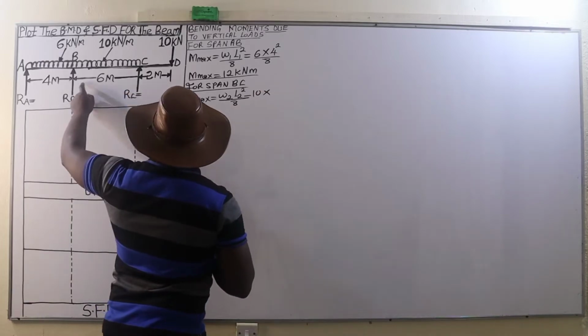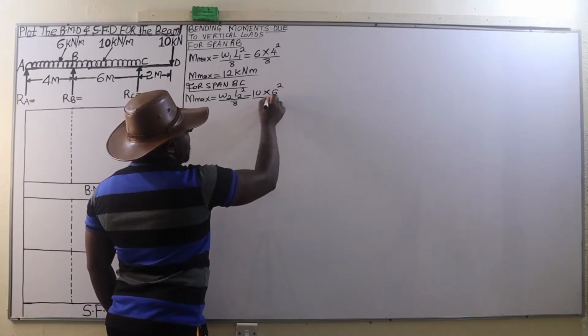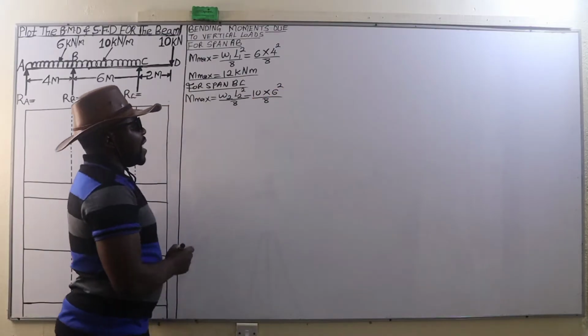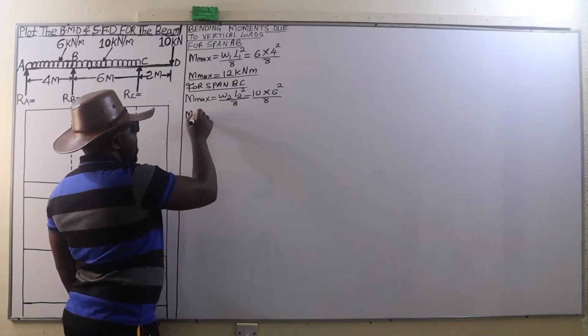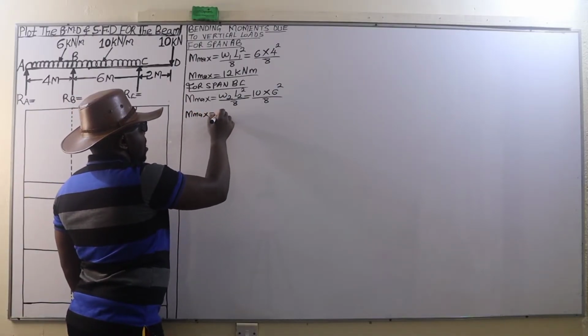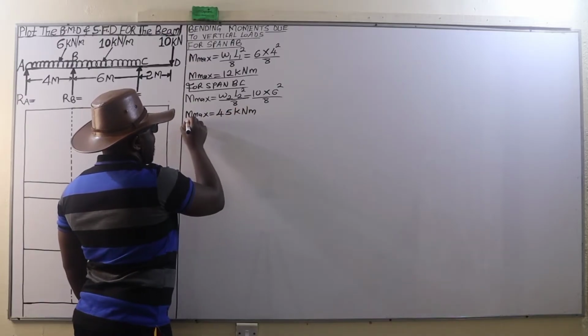L2 is the span BC, which is 6 meters. Therefore, 6 squared. Then we divide this by 8. And when we do so, we are going to get a maximum bending moment of 45 kilonewtons meter.